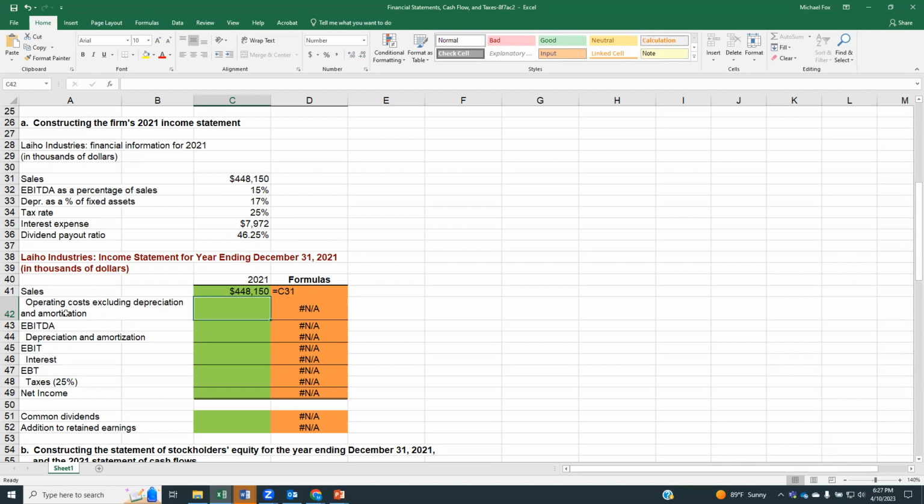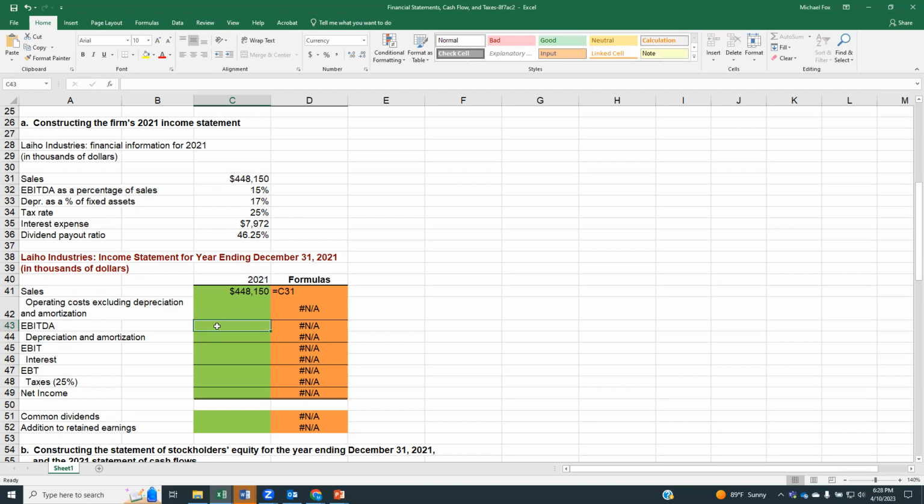All right, so now operating costs, excluding depreciation and amortization. It doesn't give us this information, but I do know that sales minus operating costs equals our EBITDA, or our earnings before interest, taxes, depreciation, and amortization. It tells us that our EBITDA is 15% of our sales.